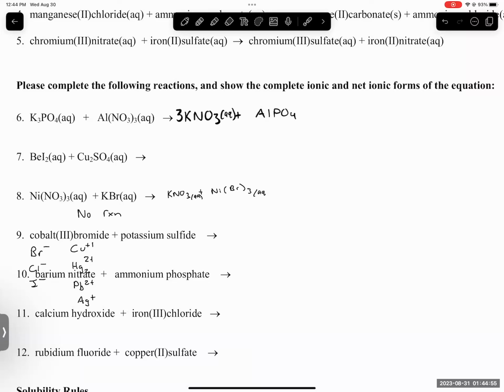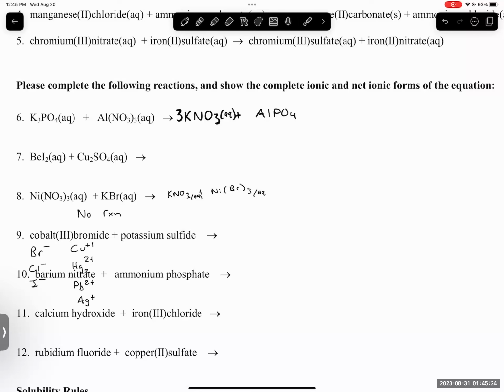What about aluminum phosphate? I saw one person shake their head, but they're not confident. You think it's solid, and why? What would make you think that? Aluminum.